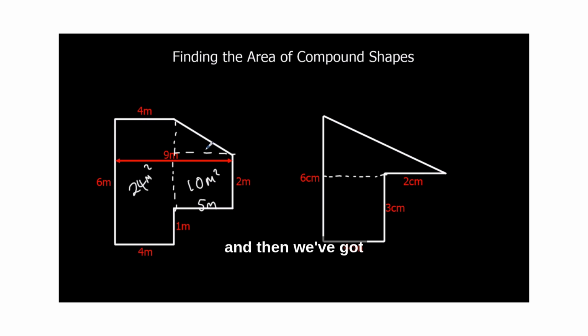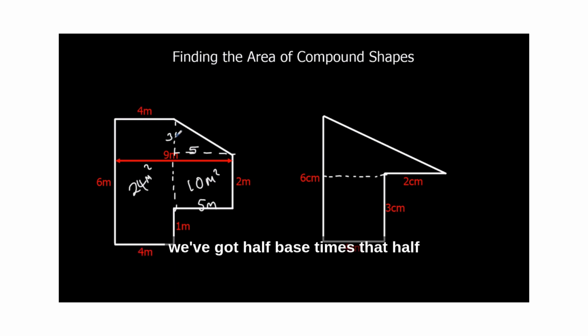And then we've got this little triangle here, which is 5 on the base, and its height, we've got 1 plus 2 up to here, and the whole way is 6. So 1 and 2, we need 3 more.